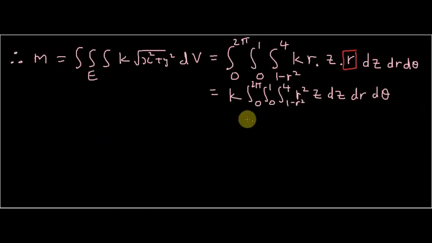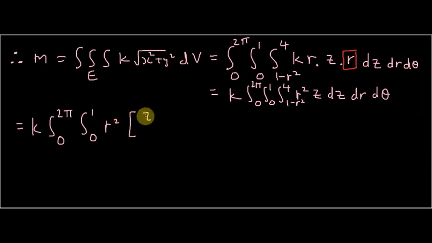Now we can continue evaluating this triple integral. We're first going to integrate with respect to z. And z goes from 1 minus r squared to 4.